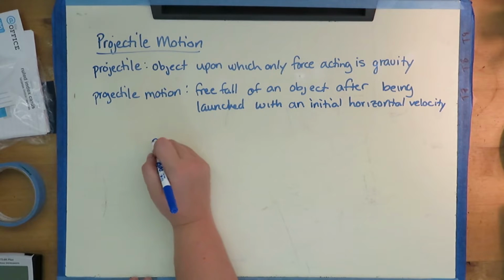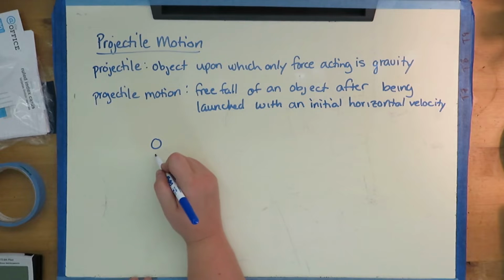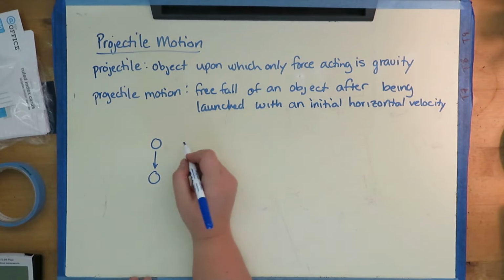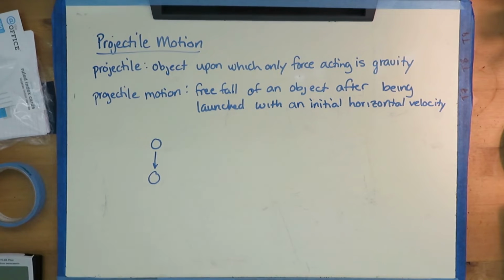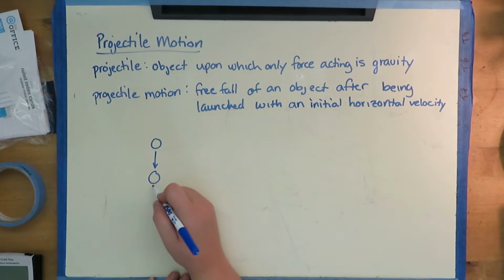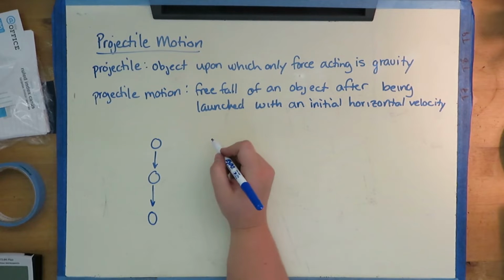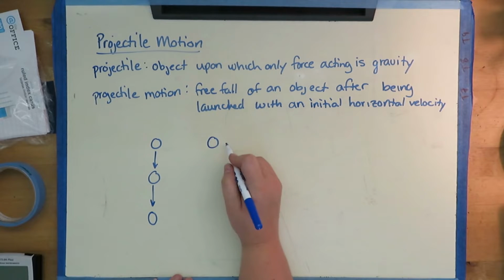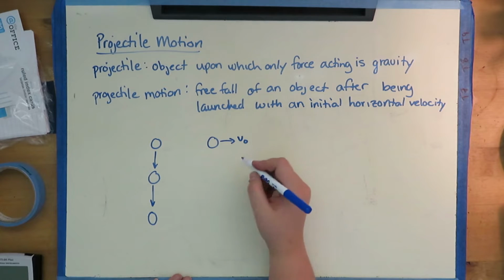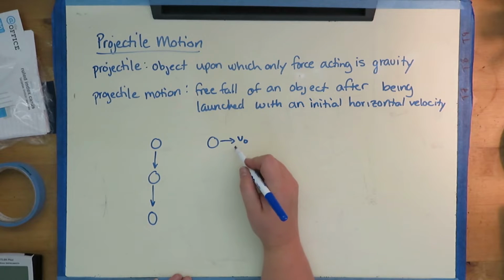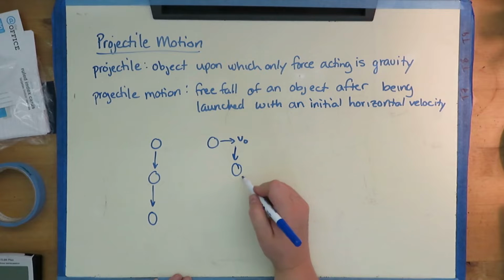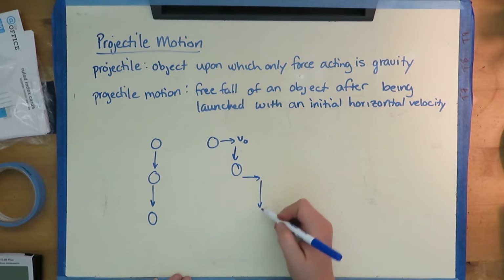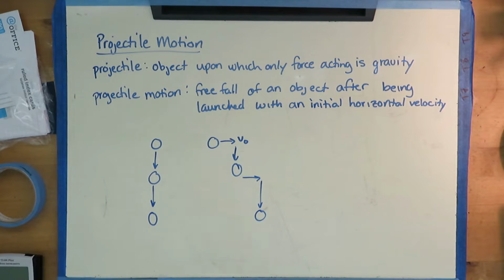I picture basic free fall as the object just falls straight down, so there's no horizontal velocity. Whereas if I want to think of projectile motion, my object has some initial horizontal velocity. So it's still going to fall, but it's also going to move horizontally as it falls, and so it's going to take a curved path.